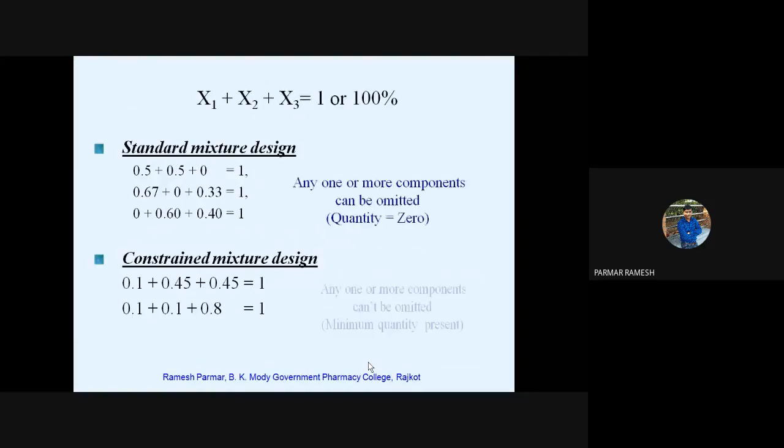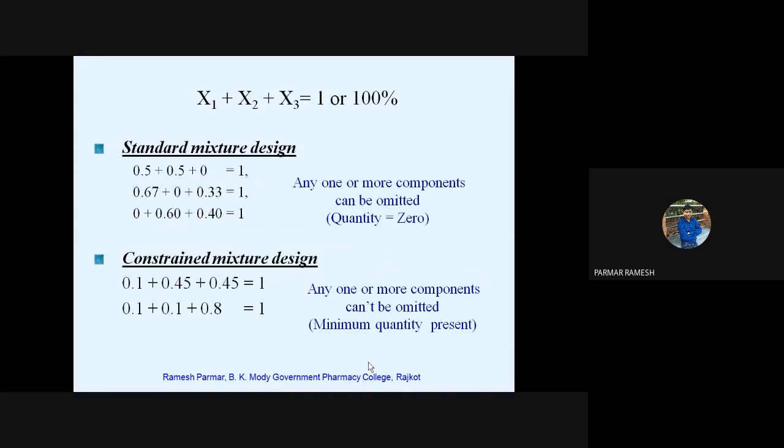So here x1 plus x2 plus x3 is equal to 1 or 100%. In standard mixture designs, we may use 0.5, 0.5, 1, or 0.67, 0, 0.33, or 0, 0.6, 0.4. So any one or more components can be omitted. It can be kept at quantity 0 when we are using standard designs.